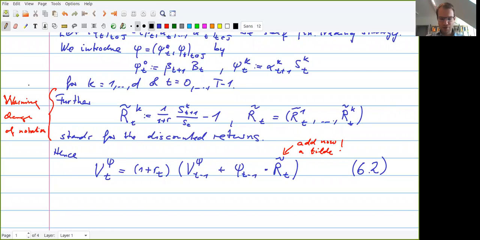And now we want to start solving or considering the portfolio optimization problem. To make my life easier, I would like to start with the portfolio optimization problem with one trading period.